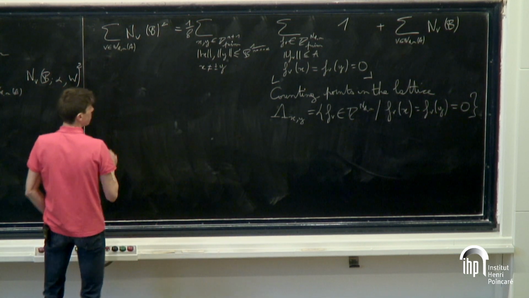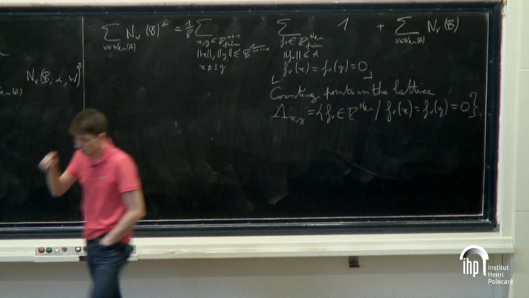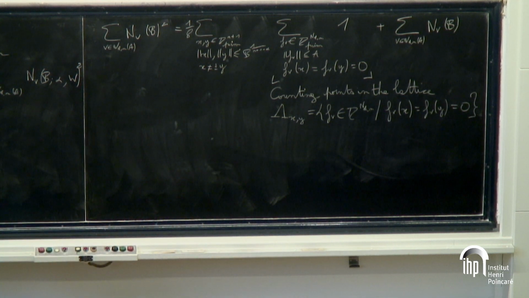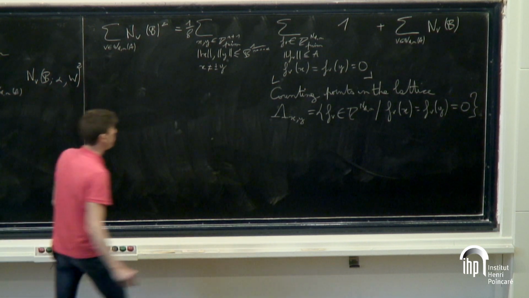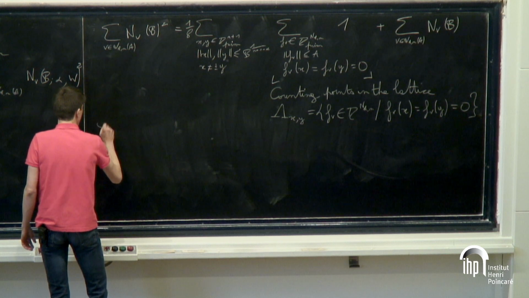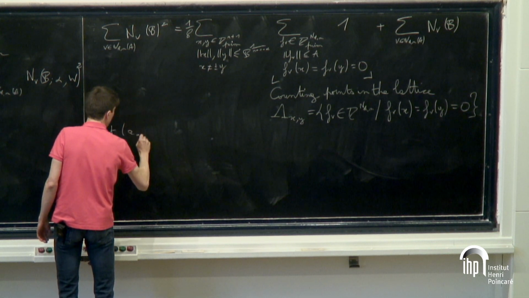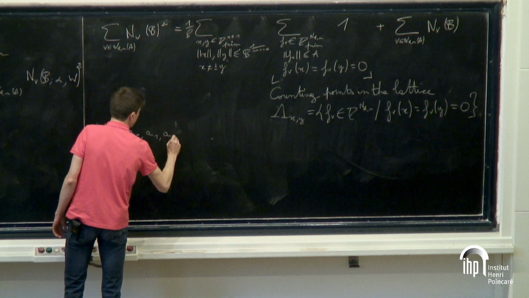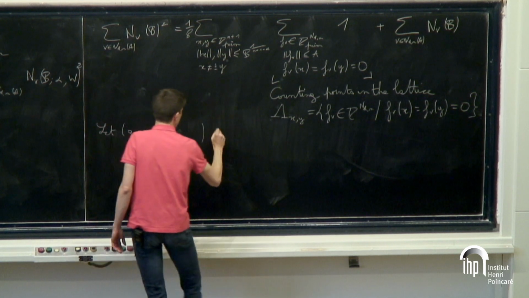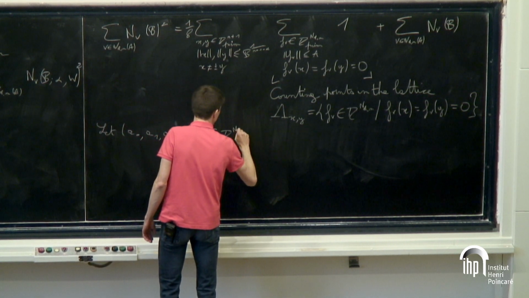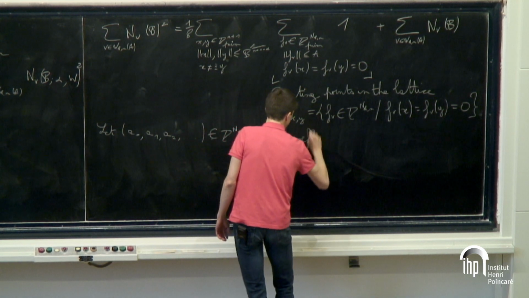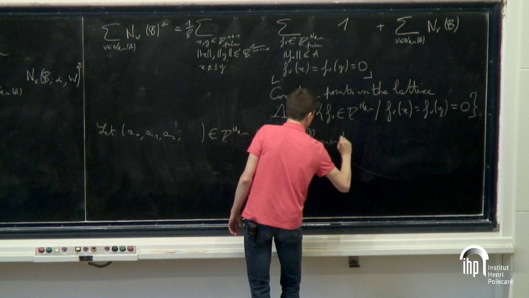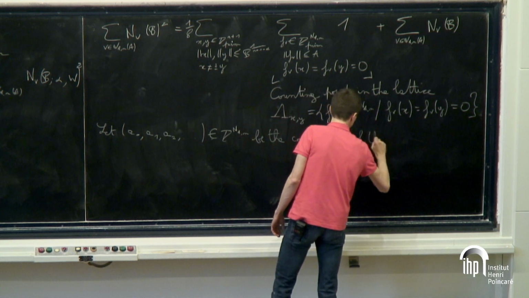Okay, so then what? So what are we doing explicitly? Yes, so let me try to be a bit more explicit. So I'm going to let a0, a1, a2, etc. in Z^n be the coefficients of the form fv.